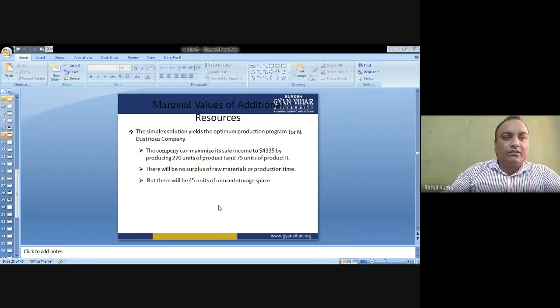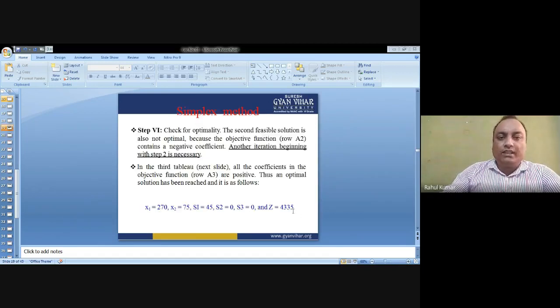Then this is the solution. The optimal production program for the industrial company: the company can maximize its sale income at 4335. This is the maximized sale income, 4335, right?